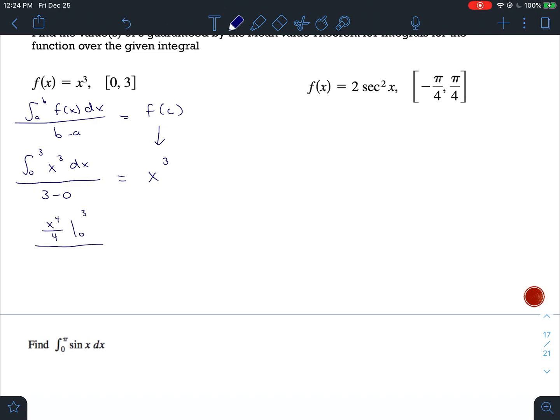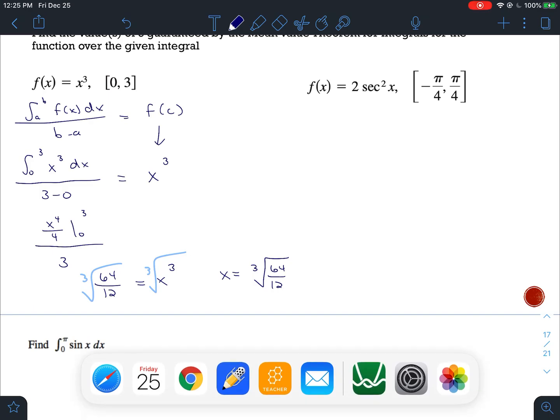So if I integrate, I get x to the 4th over 4, and we want to integrate between 0 and 3, and then divide by 3. So that would be 64 over 4 divided by 3, so that would be 64 over 12 equals x cubed. And so to solve for this, we would take the cube root of both sides. And so x is going to equal the cube root of 64 twelfths.